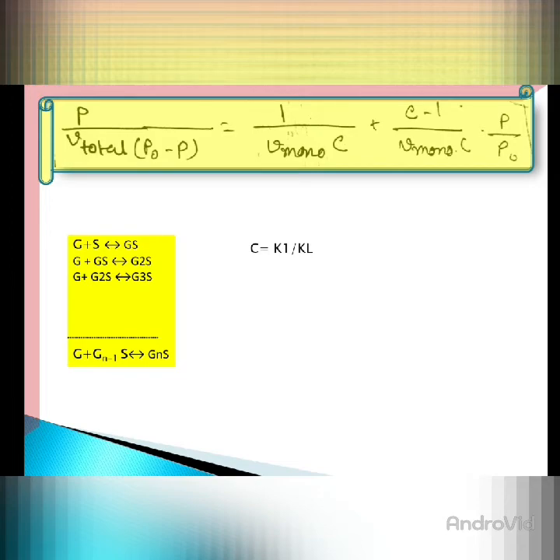This is because the interaction between the adsorbate and adsorbent, that is the gas molecule and the adsorbent surface, decreases very rapidly as the distance from the surface is increased. That is when monolayer formation occurs.